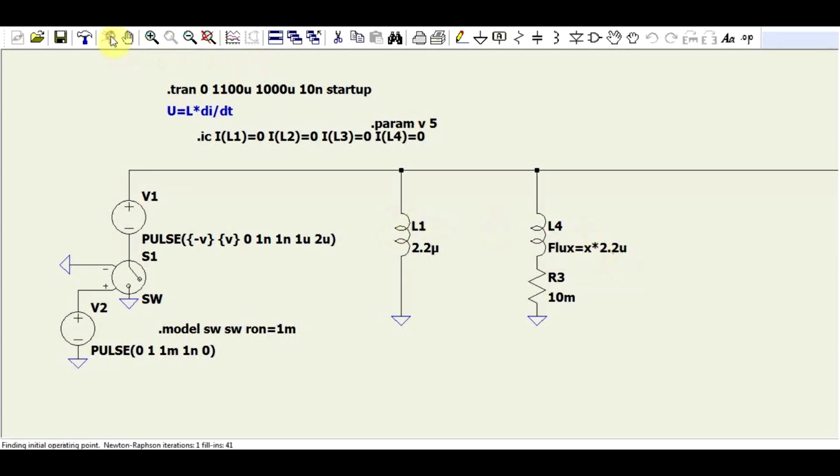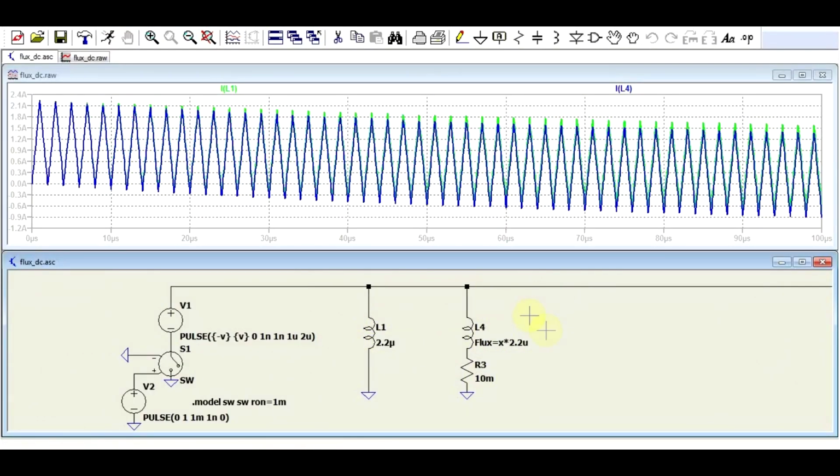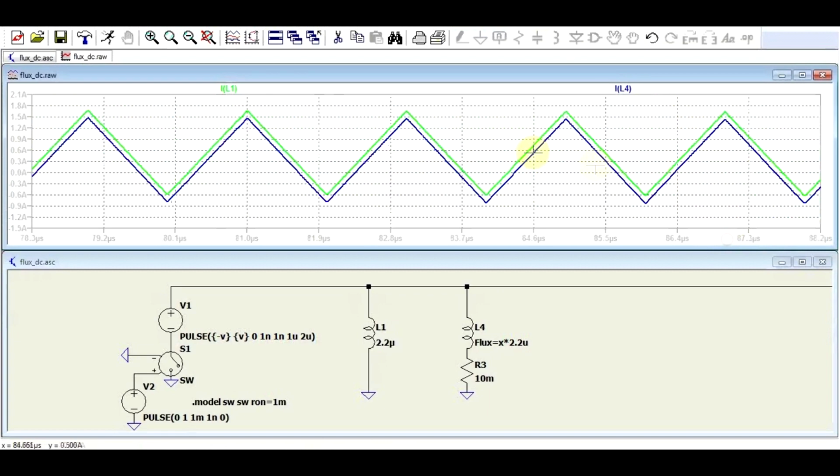So if we run this simulation, both of our models have exactly the same behavior. So the currents are a bit shifted, but exactly the same 2.2 microhenry inductance is visible. Now this is a non-saturating inductor. So how do we make it saturate?